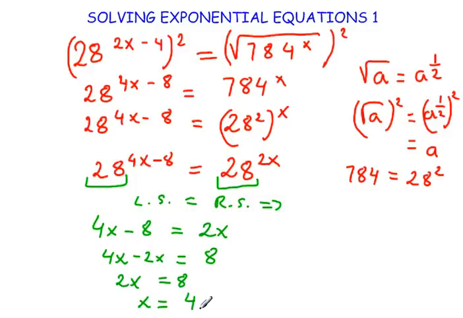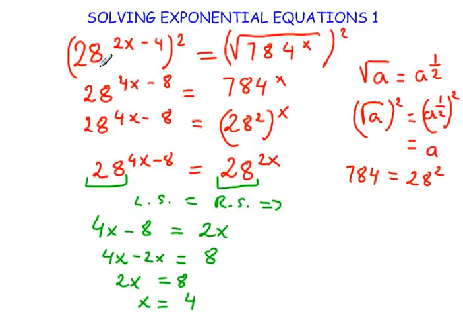So 4 is a positive number, and when we go back and review exponents, any real number can be used as an exponent, and you can find the solution.